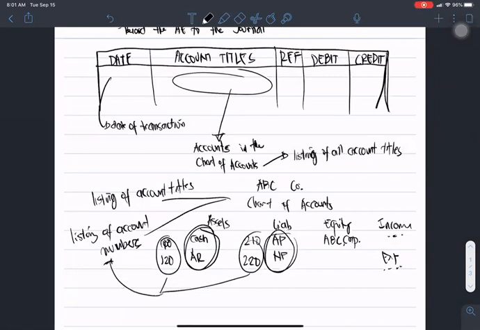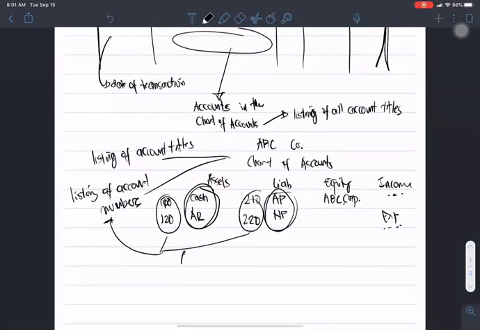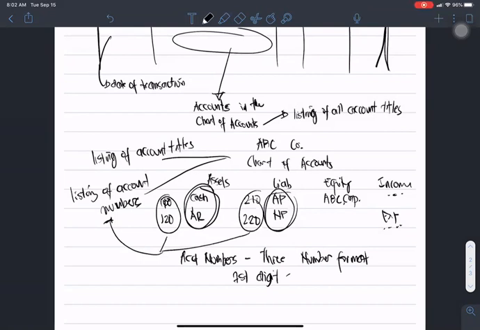And normally, account numbers are in a three-number format. Three-number format. The first digit is the element. So for example, number 1, number 2, that is the first digit of those accounts.